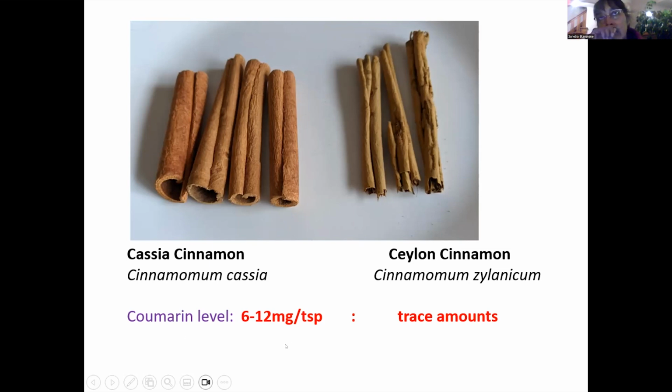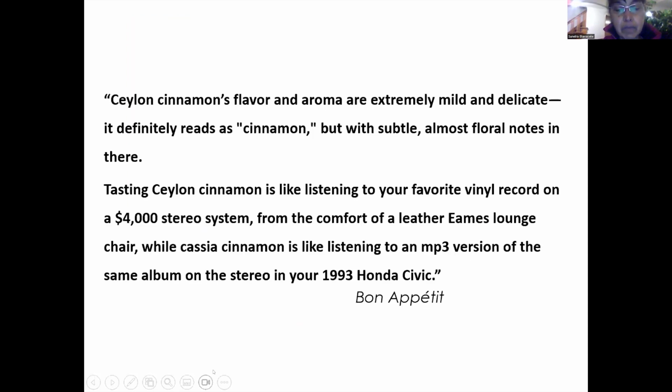And in the European Union, I think initially it was banned to use cassia cinnamon, but now they allow it with regulation, saying you can only use this many milligrams of cassia cinnamon per kilogram of baking flour or any other foodstuff.